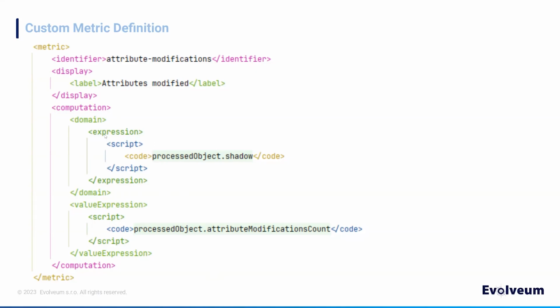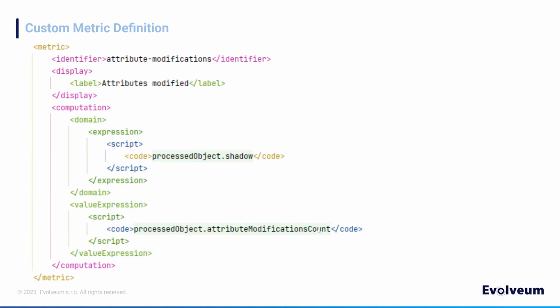We can also use a filter in midPoint query language here instead of writing a script. And most importantly, the definition contains the recipe for how the value is computed. In this case, we again use the provided method for simplicity, and the method is called attributeModificationsCount.